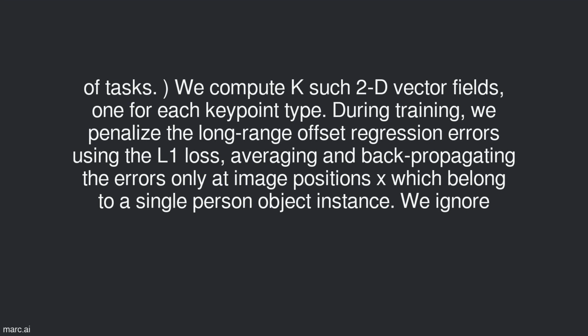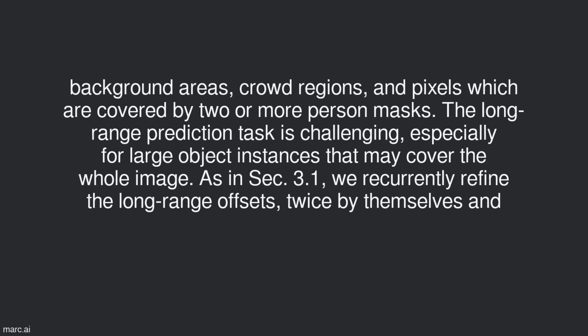During training, we penalize the long-range offset regression errors using the L1 loss, averaging and backpropagating the errors only at image positions x which belong to a single person object instance. We ignore background areas, crowd regions, and pixels which are covered by two or more person masks. The long-range prediction task is challenging, especially for large object instances that may cover the whole image.